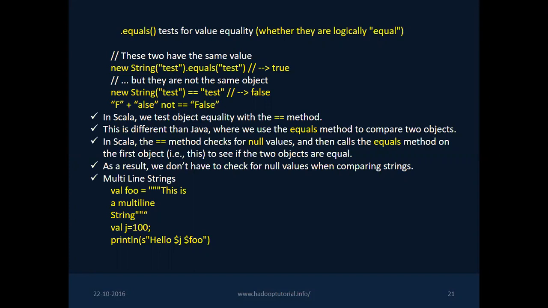Whereas in Java, if you have one string as null and try to compare it with another string value, that throws a null pointer exception. You should first check whether that string has any value, then compare. Here, you don't need to do that. Your equality operator, double equal to, will take care of that.